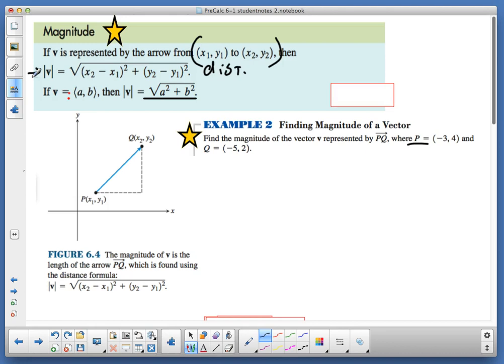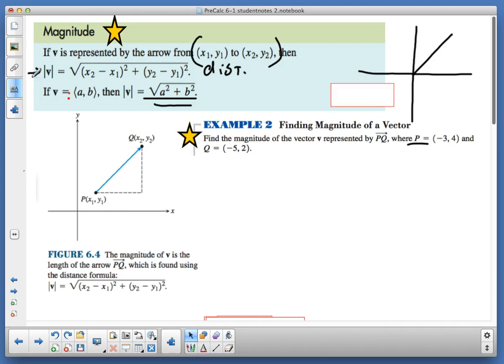Well, you've done that a few thousand times using the Pythagorean theorem, when you're looking for the length of something. That's my horizontal component, and I've got a vertical component.